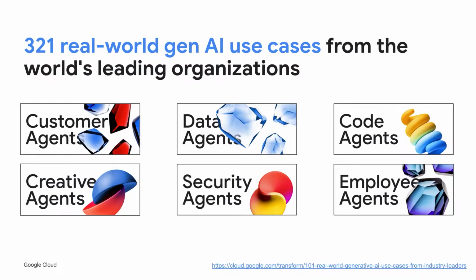It was 101, and now it's 321 real-world generative AI use cases, and they're grouped by customer agents, data agents, code agents. Think of these as just business problems that had technical stacks and how to solve them in generative AI. So take a look there for inspiration. Maybe grab one or two that mean something to you and start building. And that's exactly what we're setting out to do in AI Startup School.